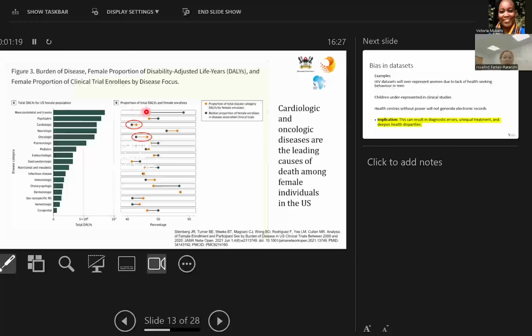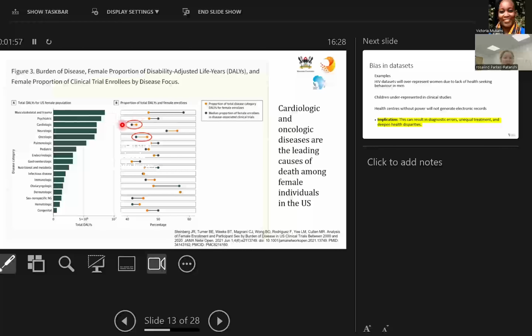So if we look at this top one, which is musculoskeletal and trauma, we have about 47% of people enrolled on musculoskeletal studies are women. Yet, nearly 60% of all of the people that have musculoskeletal diseases are women. So therefore, there's a big disconnect between how many women are enrolled on the study and how many women are actually suffering from the disease. When we look at cardiology, it's even worse, okay?